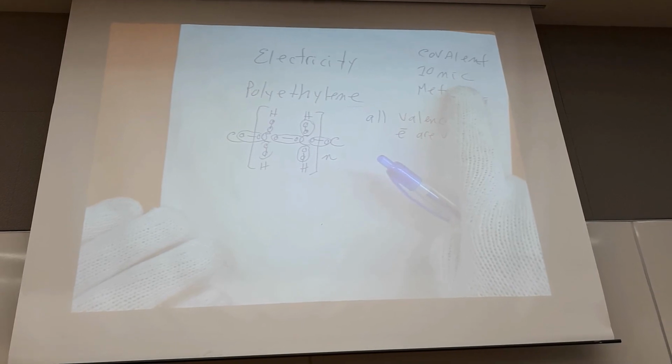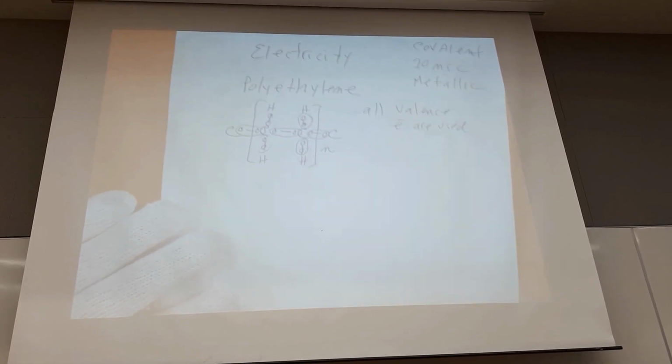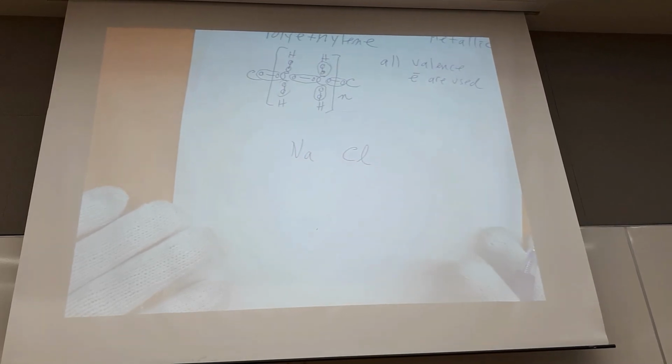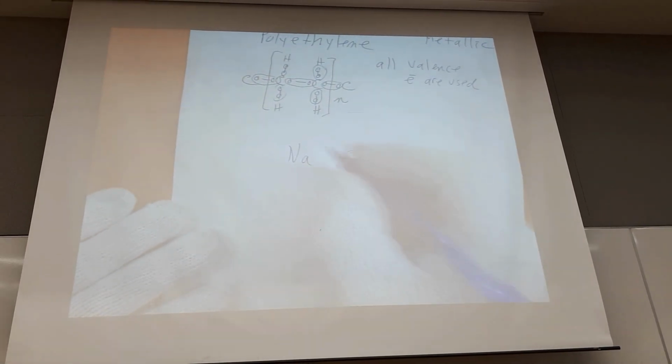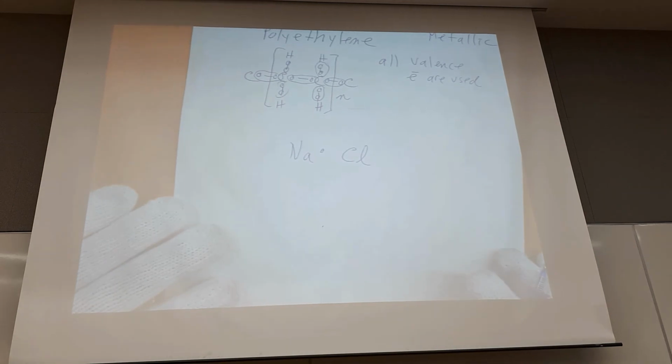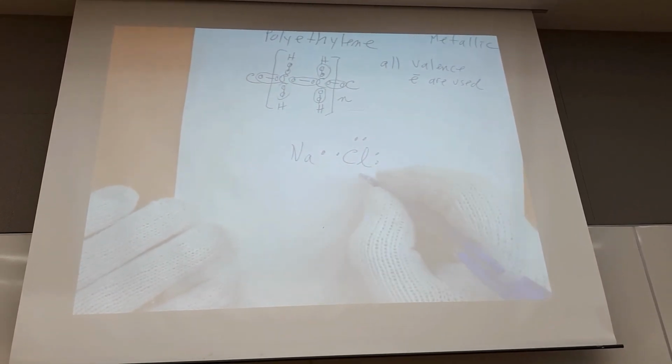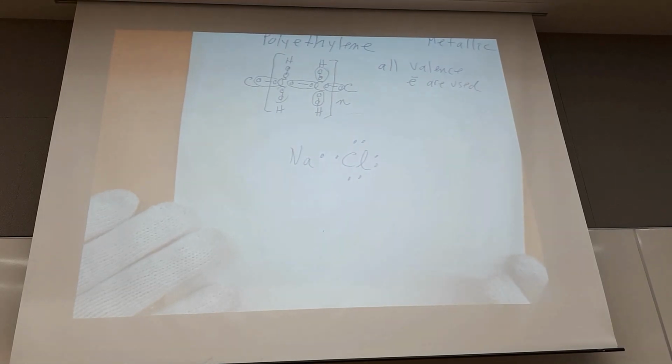Let's look at ionic bond, common ionic bond, sodium chloride. The valence electron for sodium is just 1 electron. Chlorine has 7 valence electrons. It is highly electronegative.